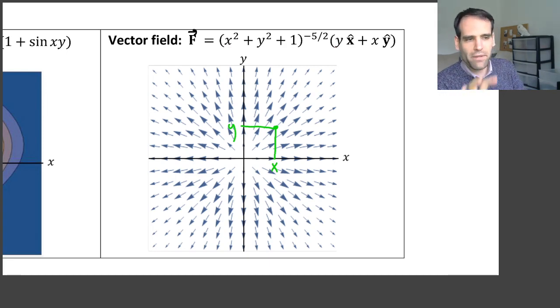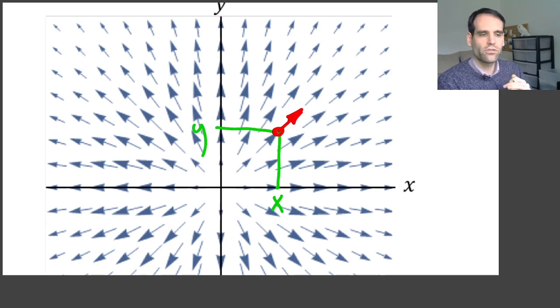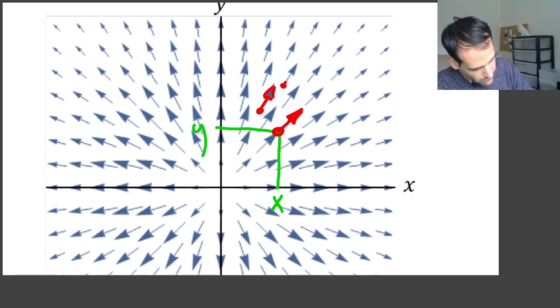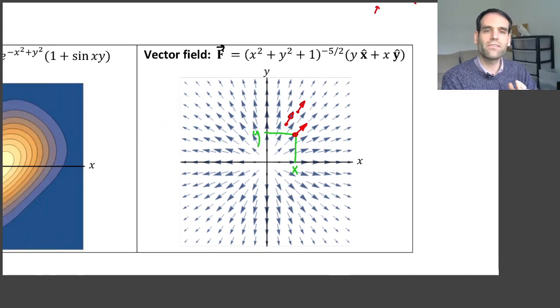So you will get some number times x hat plus some number times y hat, and that vector you can now plot with the starting point at the location that you used to calculate the vector. Okay? So that means that every location is associated with a vector, which you can then plot. Okay? So this is the typical plot of a vector field in 2 dimensions.